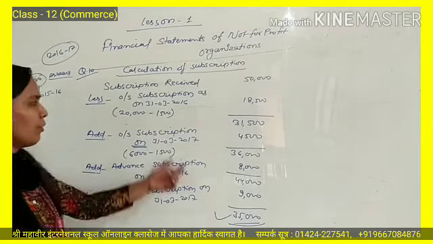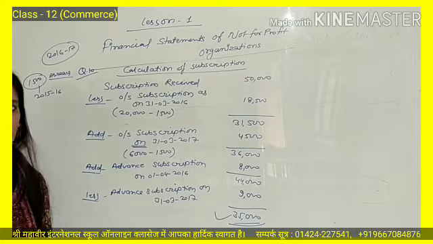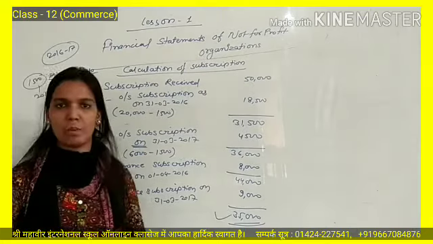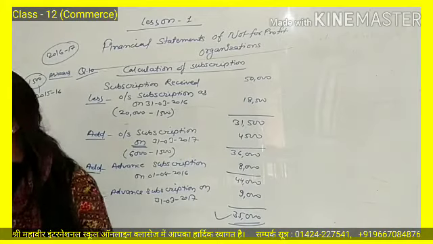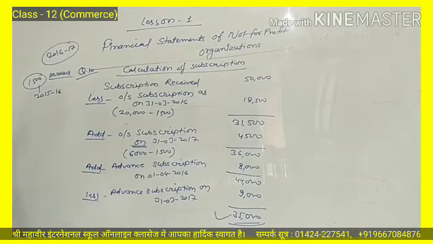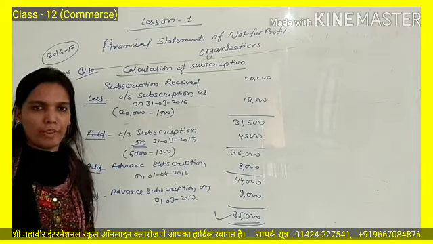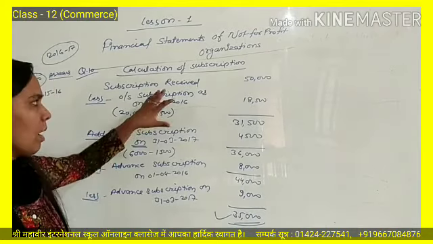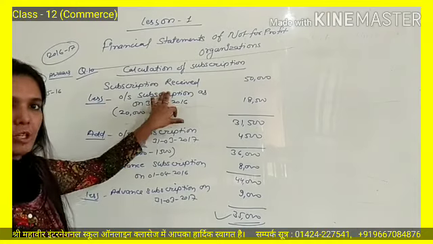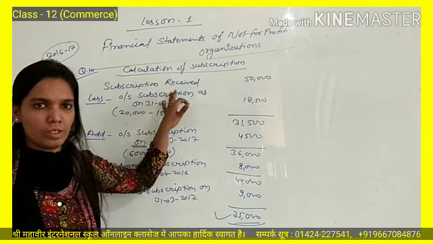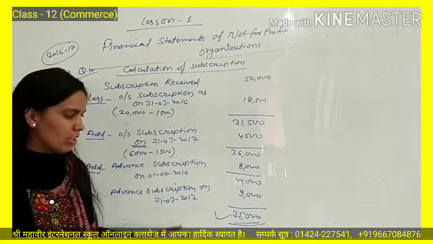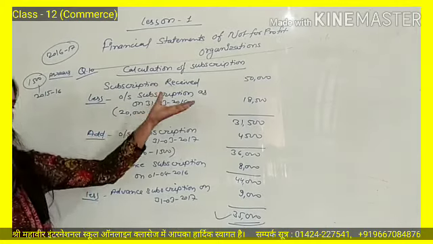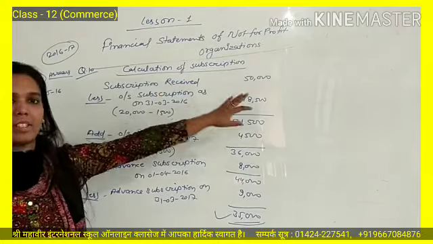On the basis of the 10th question, you can solve examples in your book, or one more question, question number 11, that you have to solve. What is the different point in 11? I am giving you a brief explanation of this. In 11th, you have to find the amount of subscription that will be shown in receipt and payment account. You are given income and expenditure subscription, and you have to calculate the amount shown in receipt and payment account.